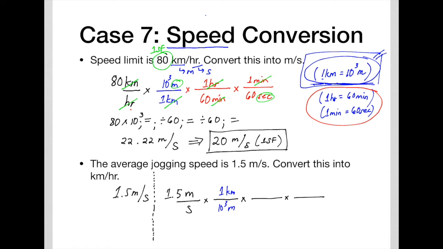So since this is my second, I will write here 60 seconds because I want to cancel, then 1 minute, and then 60 minutes, and then 1 hour. Cancel with minute. And therefore I have here 5.4 kilometer per hour.